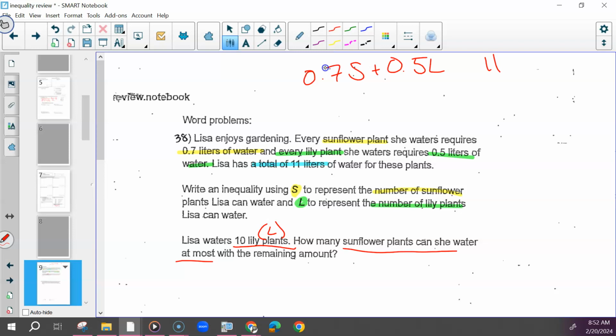We can't plant more than what she has water available, even though she could get more water, but that's anyway. So now we have our inequality. We're going to put 10 in for L and solve for S.